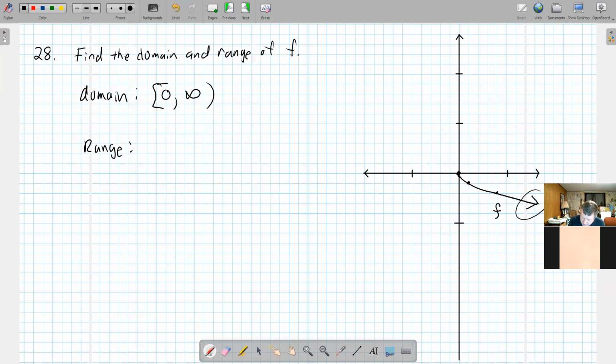So since this thing is going down as it's going over, it's going to go all the way down to negative infinity, but it's going to go up only as far as 0. So the range would look like that. The domain is 0 or greater. The range is negative infinity up to, and including, 0. All righty.